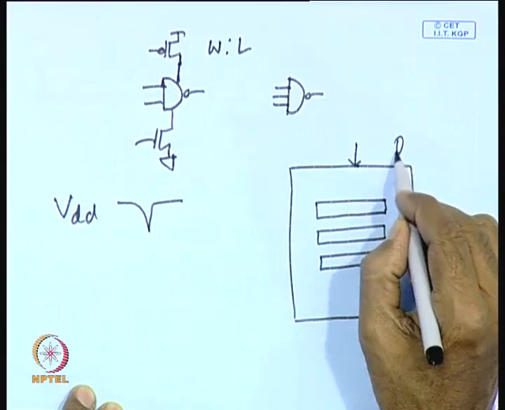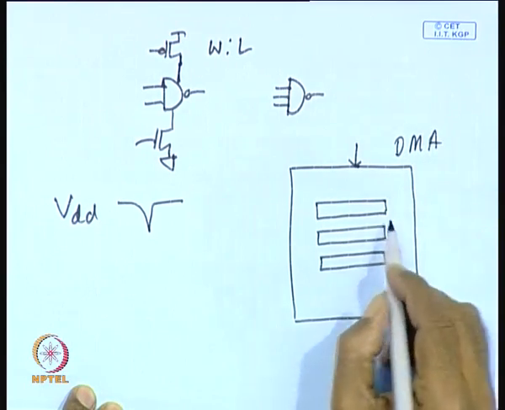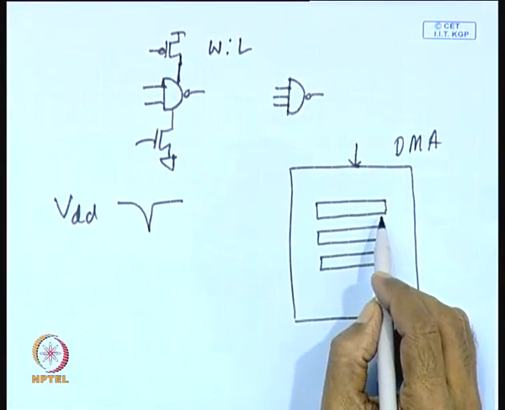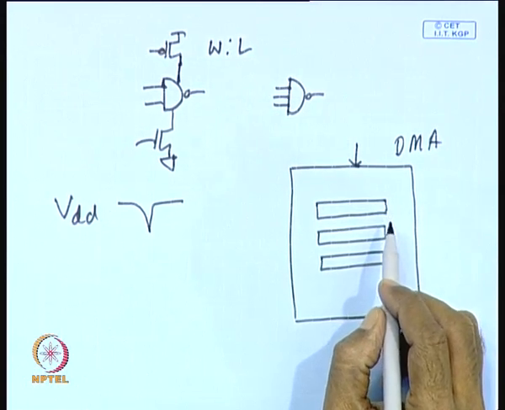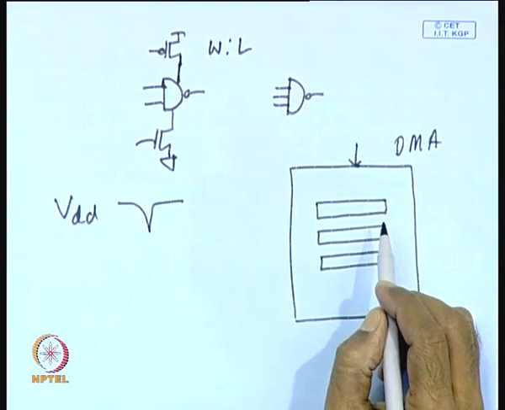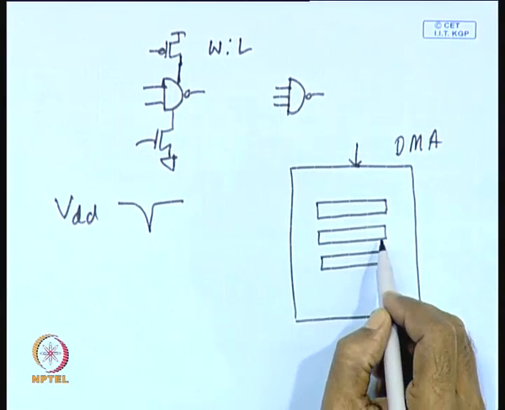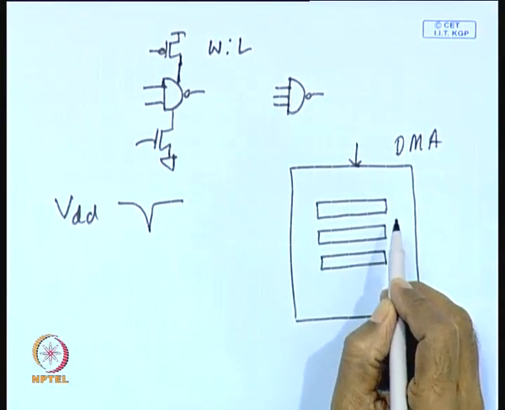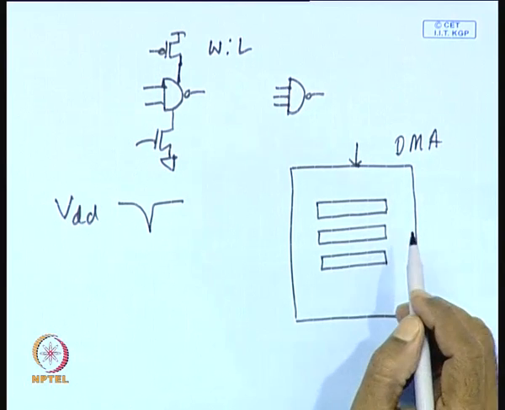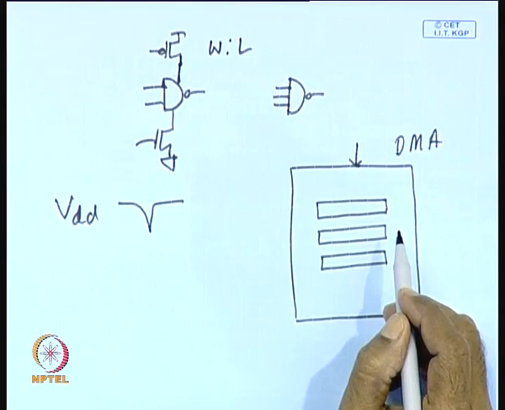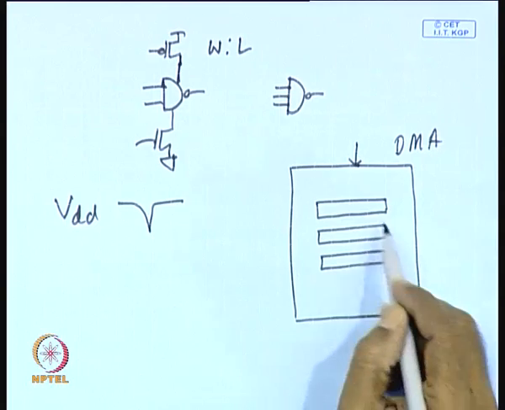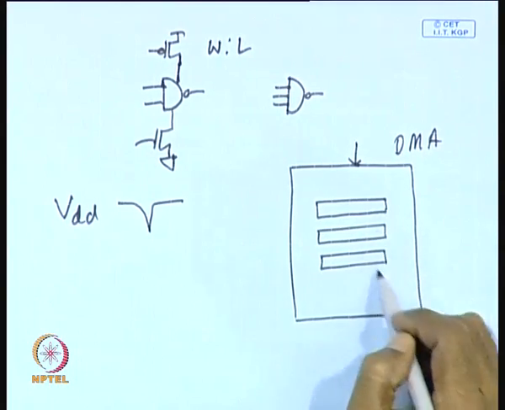Say this is a DMA controller. The DMA controller will have some registers which will hold the size of data to be transferred between memory and the I/O, and also from which memory location to which memory location the data transfer has to be done. Those are loaded in these registers.